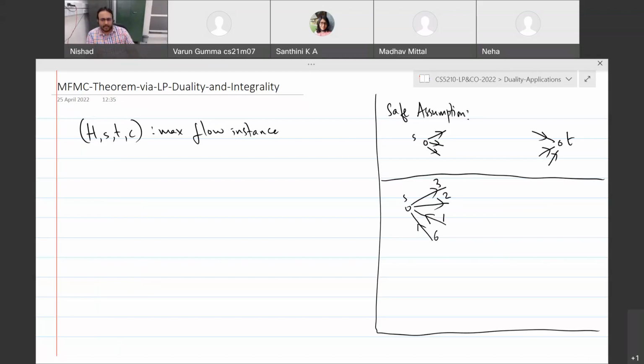I claim that I can create another instance by adding an extra vertex, so that the S vertex in that one, which I will call S prime, will only have outgoing arcs. The trick is as follows: I will create an extra vertex S prime, and S will remain as it is.